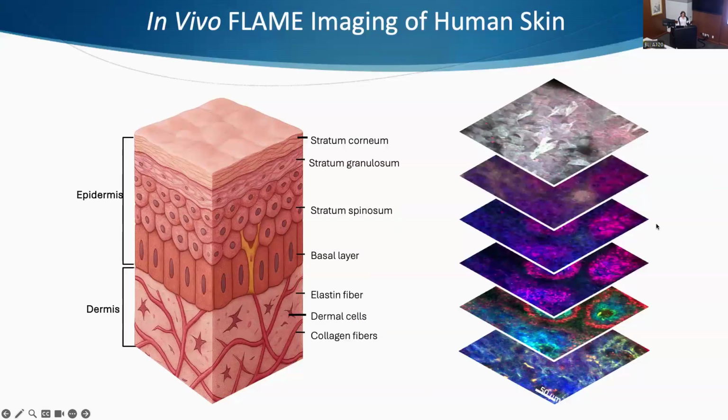This is an example of the types of volumetric images that we get. Our depth penetration is about, on average, 150 microns, plus or minus some tens of microns, depending on the skin type. But generally, we can penetrate down to the superficial dermis.